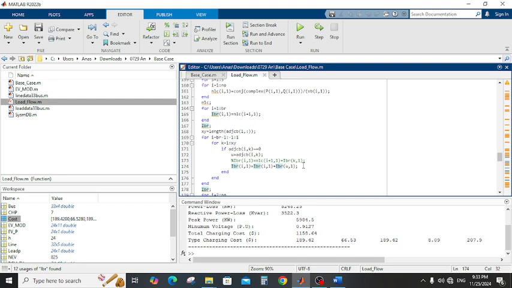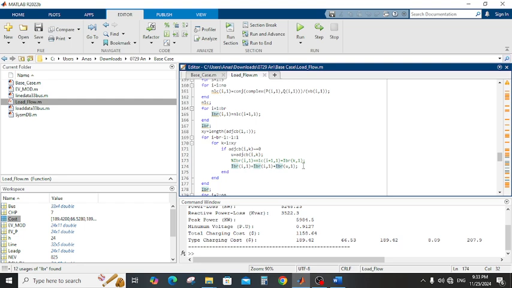Why accumulated? Because the current that flows from 1 to 2 contains different currents: the current flowing from 1 to 2, the current from 2 to 3, and so on, depending on the path.